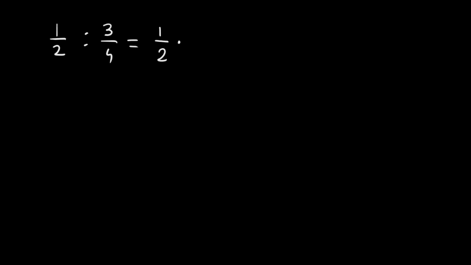So instead of 3 over 4, we have 4 over 3. And so 1 times 4 is 4, and 2 times 3 is 6. Now we can simplify by dividing numerator and denominator by 2, and we are left with 2 over 3.